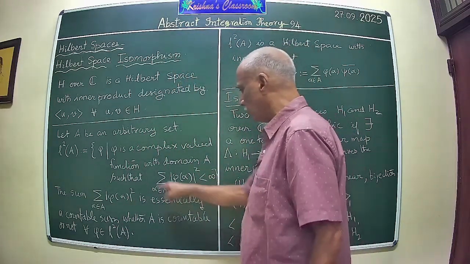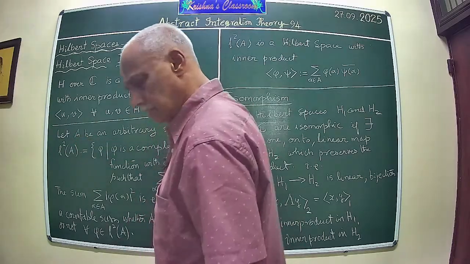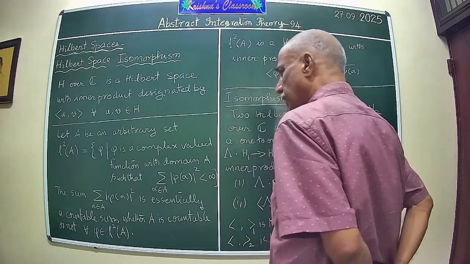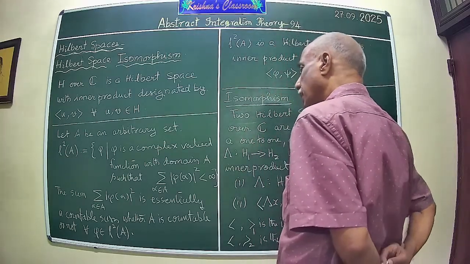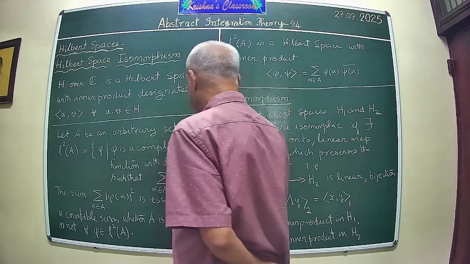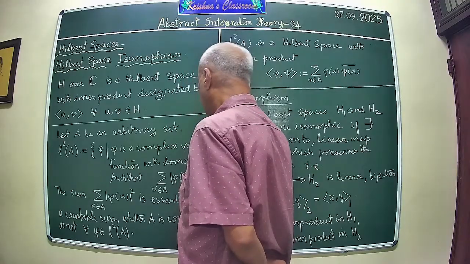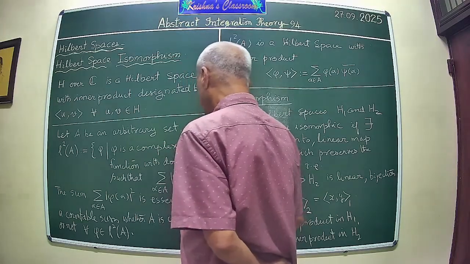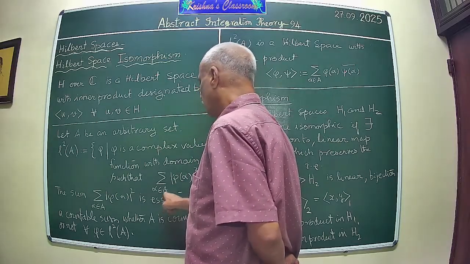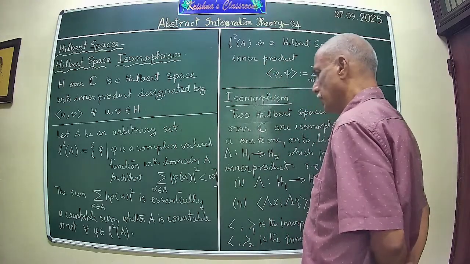Now in this sum, we are not putting a restriction that A is finite or countable; it could be even an uncountable set. However, we know that if this sum is finite, then necessarily phi alpha is not equal to 0 only for countable values of alpha.